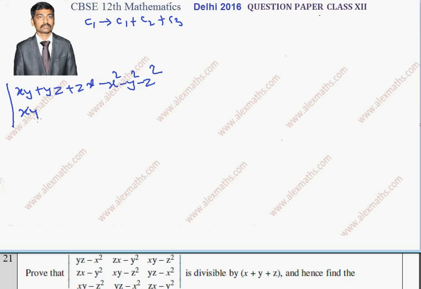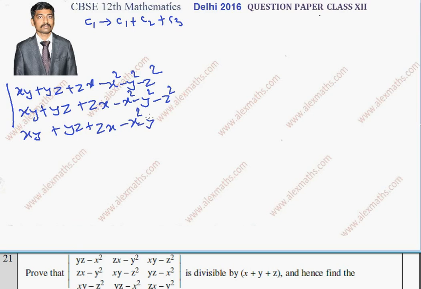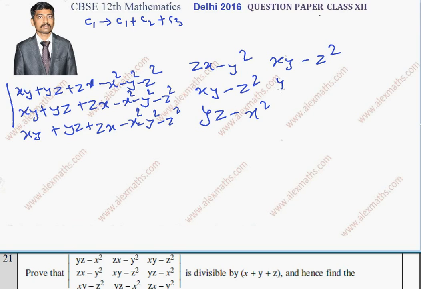Similarly, the second element is also xy plus yz plus zx minus x square minus y square minus z square, and the third element is also the same. Then the remaining elements I will write as they are: zx minus y square, xy minus z square, yz minus x square. Then xy minus z square, yz minus x square, zx minus y square.